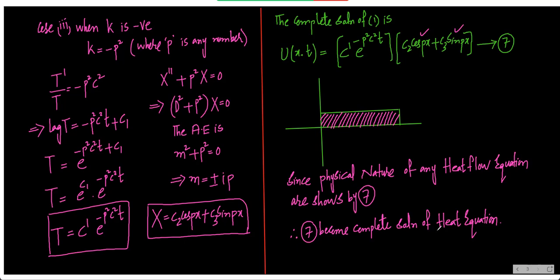In unit number 2, the important concepts are separation of variables, wave equation, heat equation, and different problems based on them. If you like, we'll do some more questions in this classification, and then this unit will be completed.